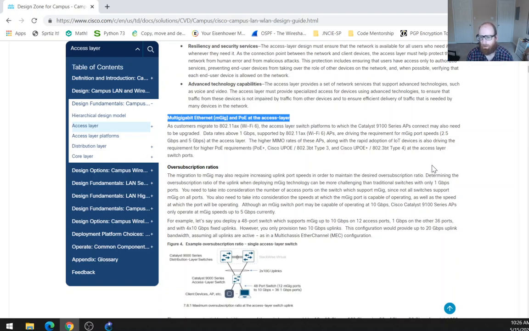A lot of switches max out at 1 gigabit per second. Not all switches support mGig on all ports. Even 100 meg is considered a high-speed port, and Fast Ethernet ports go as low as 10 meg per second.